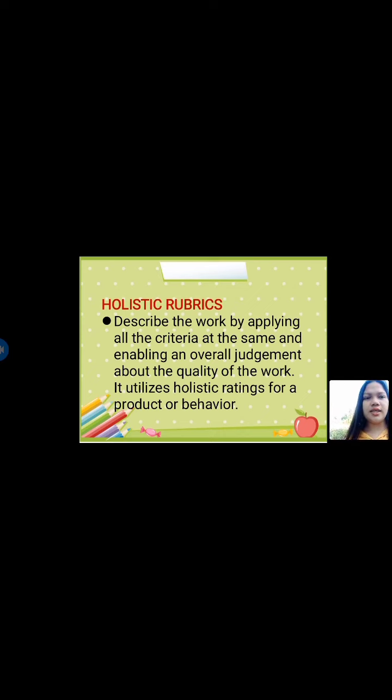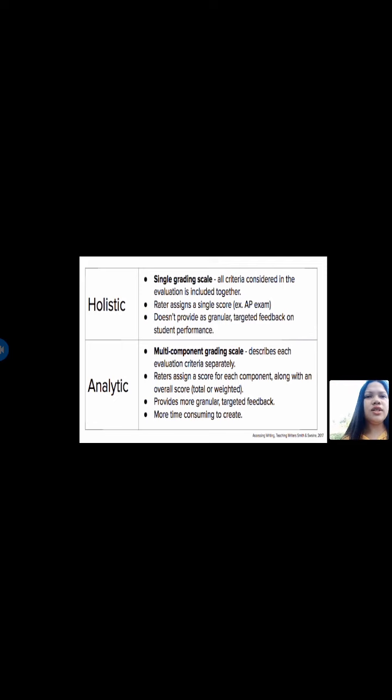It utilizes holistic ratings for a product or behavior. So, in holistic, it is a single grading scale. All criteria considered in the evaluation are included together. The rater assigns a single score. An example is the AP exam. Next, it doesn't provide us granular, targeted feedback on student performance.